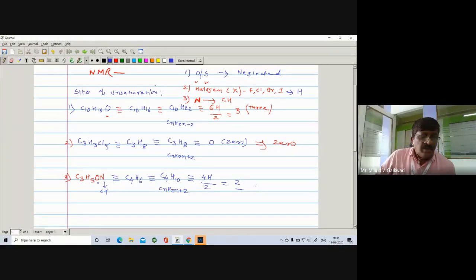So in this way we have seen only 3 possibilities. Either it contains oxygen or sulfur, or it contains halogen, or it may contain nitrogen. So this point is very important. You must know how to find out the site of unsaturation. Of course, in the exam they will ask how many sites of unsaturation are present in such and such molecule.